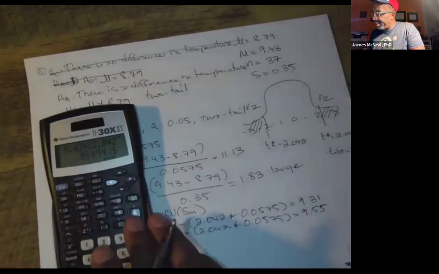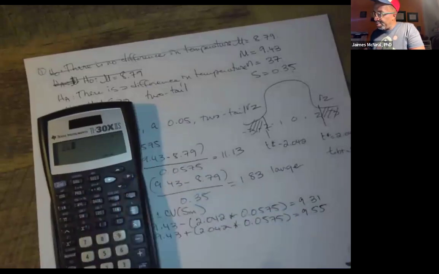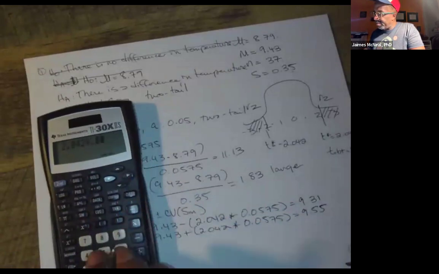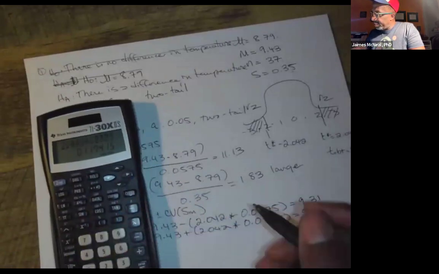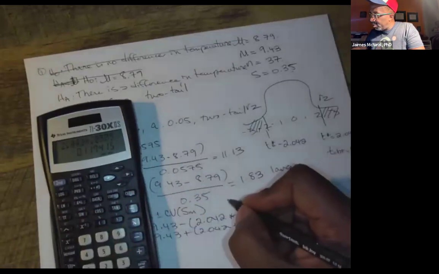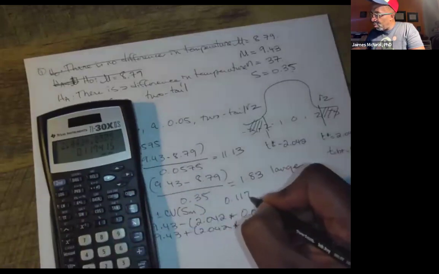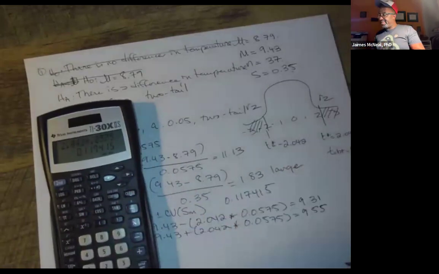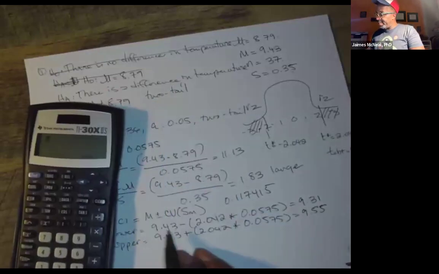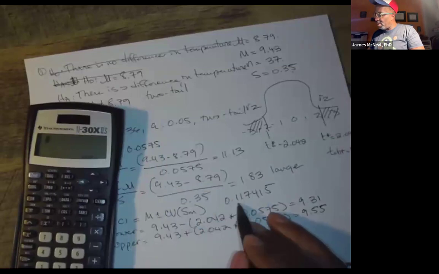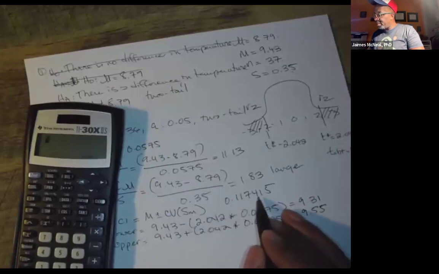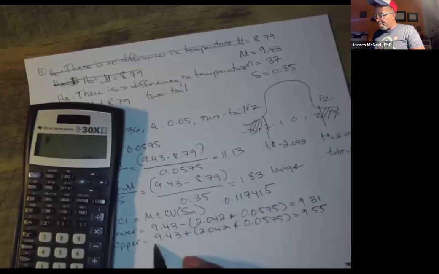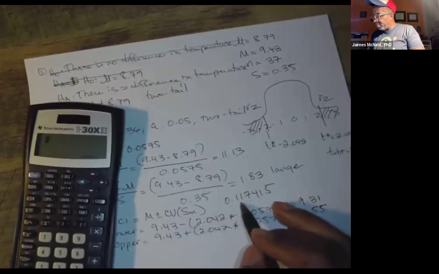Okay, let me show you what this is. When we figure what this is, 2.042 times 0.0575, it's 0.117415, let's just say. All right. So what we're doing is saying 9.43 minus 0.117415, and we're saying 9.43 plus 0.117415.